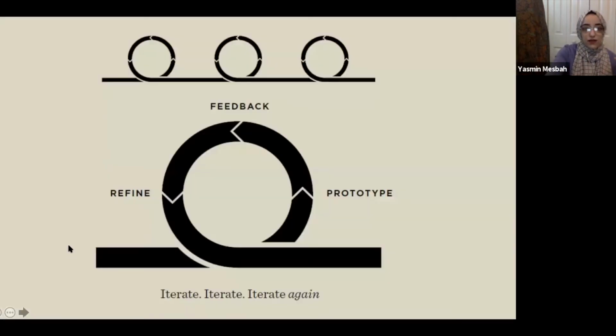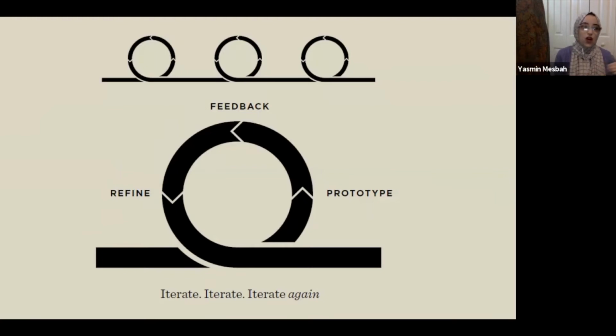And the reason that I refer to it in the beginning as a loop is that once you've done your prototype, you get your feedback, and then most of the time you're going to have to improve your product or design or whatever it is. And you go back to prototyping and you get testing and you refine. And this actually most of the time continues even after you've designed a final product or service, right?